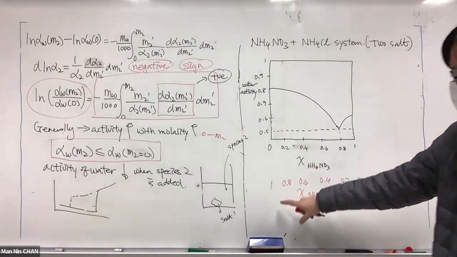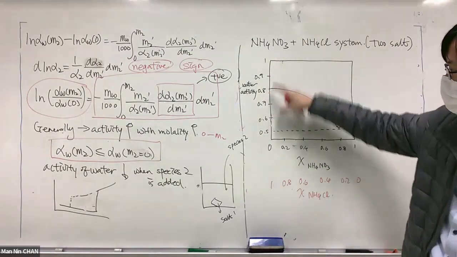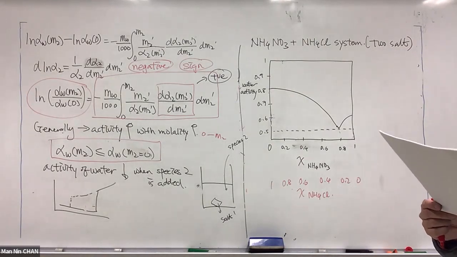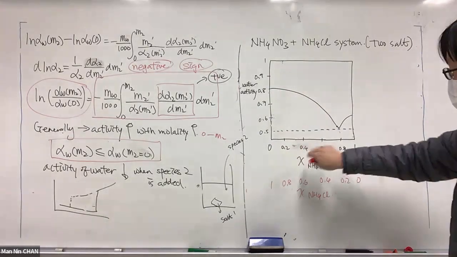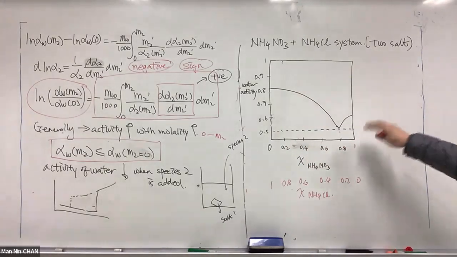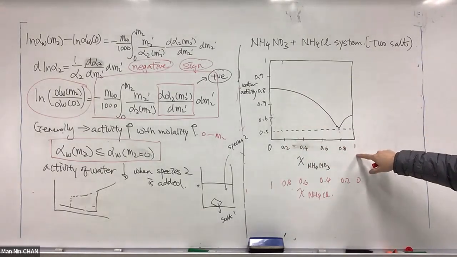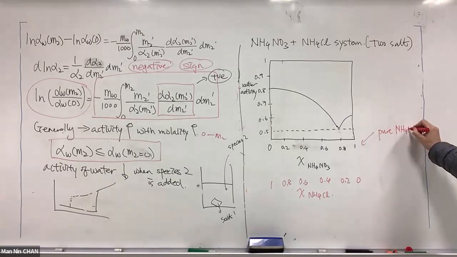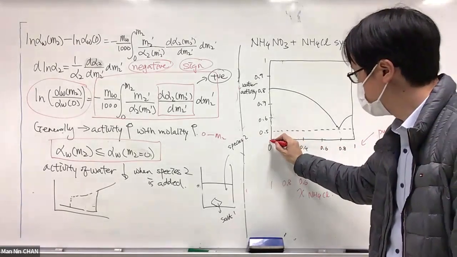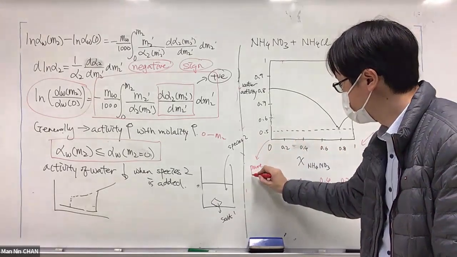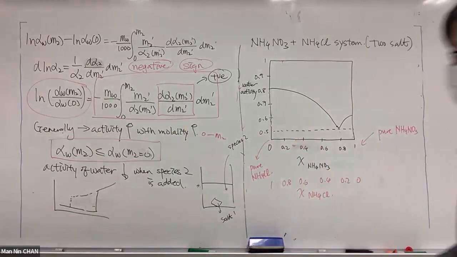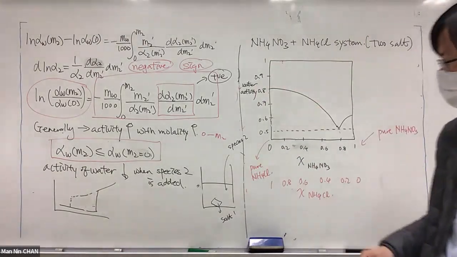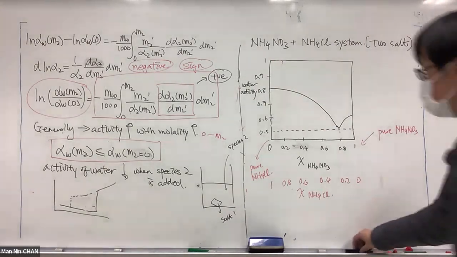This will be my pure ammonium chloride, so I only have pure ammonium chloride in my system. And then this right-hand corner here will be my pure ammonium nitrate. The y-axis here is the water activity at the saturation point.